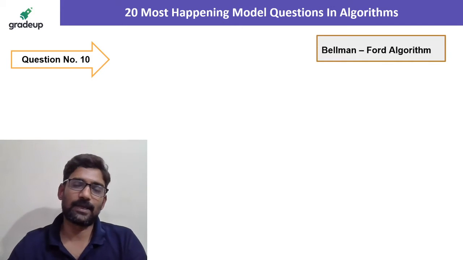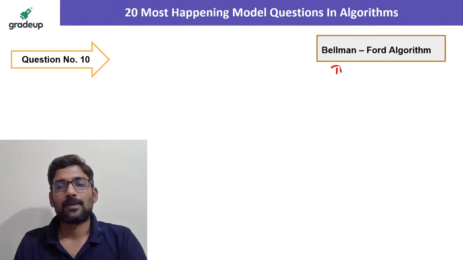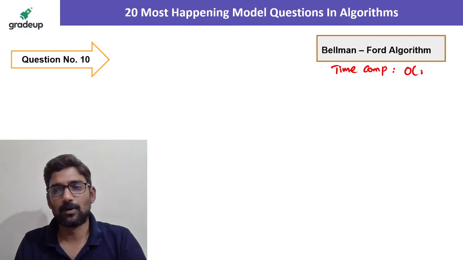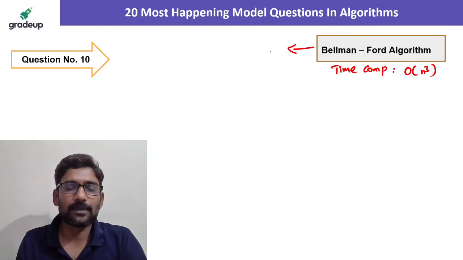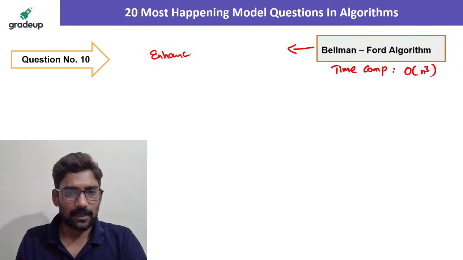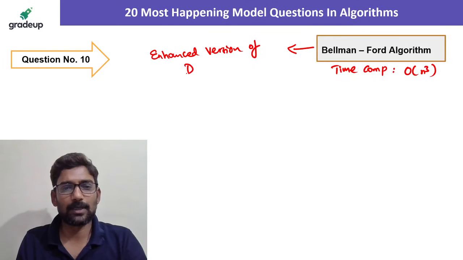From Bellman-Ford algorithm, you may get similarly the time complexity related question, that is again big O of n cube, of course. And Bellman-Ford algorithm is what? You can say enhanced version of Dijkstra's algorithm.